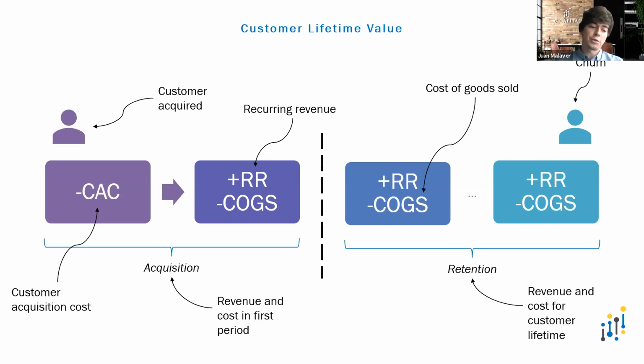We want to evaluate the ROI of acquisition strategies, customer engagement, and customer retention strategies. We can evaluate that ROI using a customer lifetime value framework and leveraging the churn forecasts to calculate those values for every single individual.